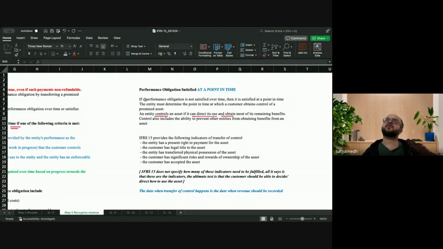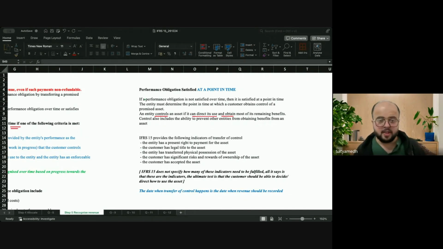If you are, say for example, going for a movie, the movie is not a good. Watching that movie, that experience is a service. That service is completed in one go. You go to the theater, watch the movie for 2 hours, and you come home. So this particular performance obligation is satisfied at a point in time.